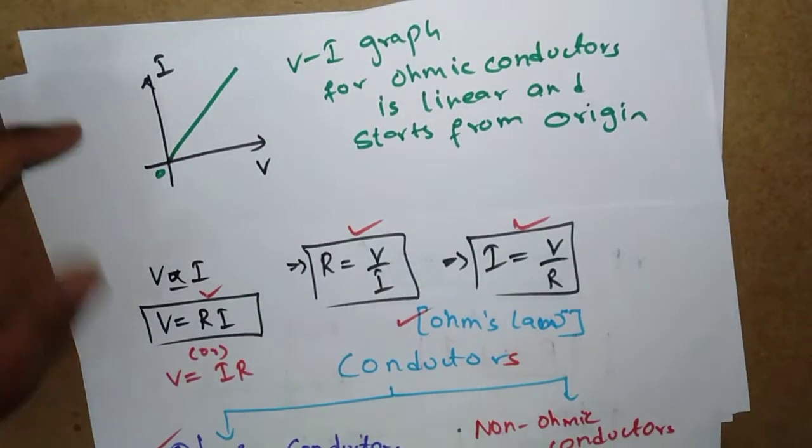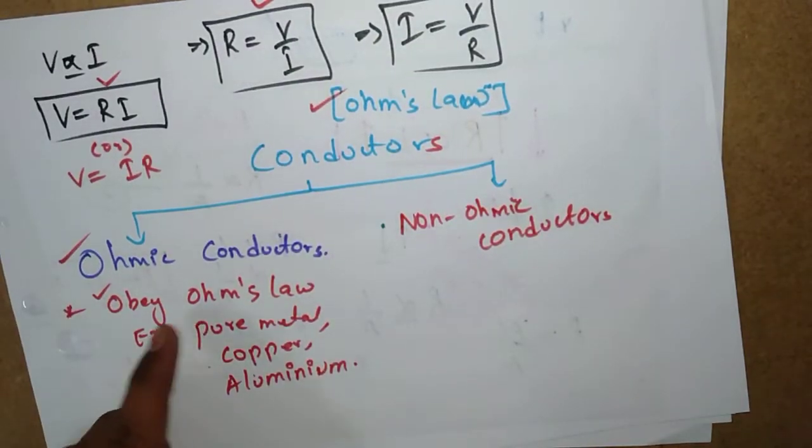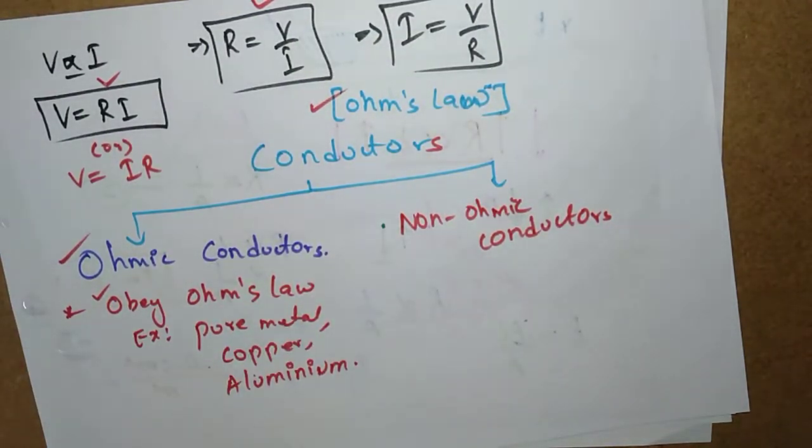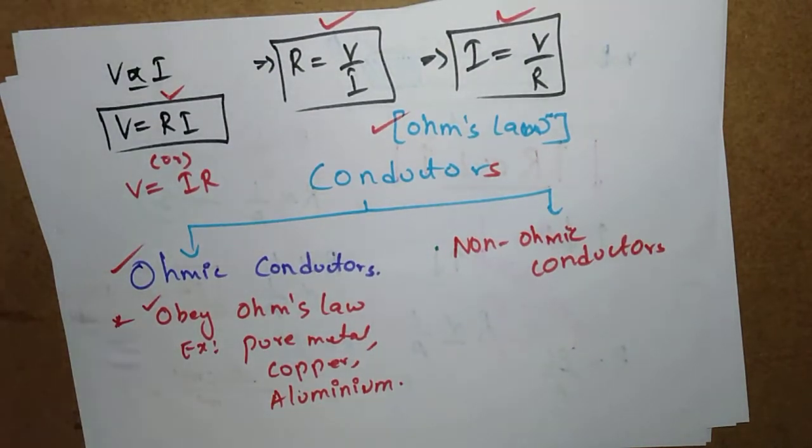So once again, what are ohmic conductors? Conductors which obey Ohm's law are called ohmic conductors. Okay, ohmic conductor ऐसे conductors होते हैं जो Ohm's law को obey करते हैं. It means अगर आप उन conductors में constant temperature पर voltage का rate increase करेंगे, then automatically current का rate increase होगा at constant temperature पर.